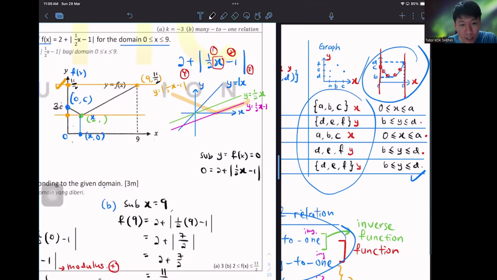Then we can start to bring over. Bring the 2 over, it becomes minus 2, followed by the modulus. This one cannot open the modulus because inside you have unknown. So when you bring the modulus over, you will get something like plus minus.